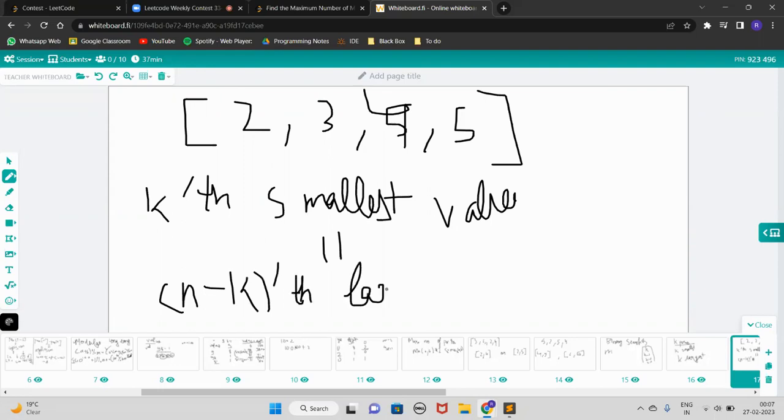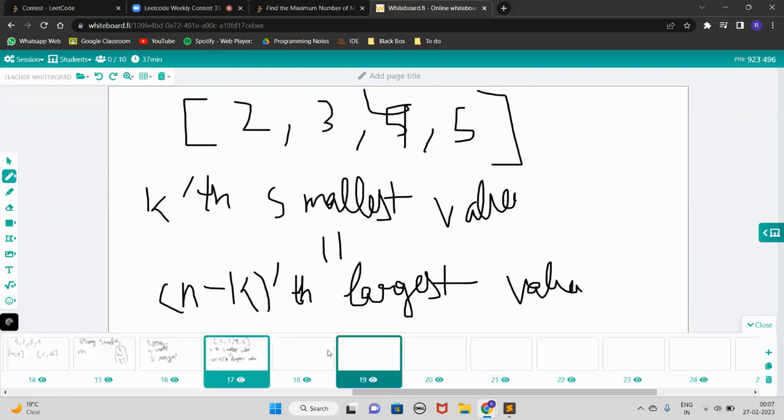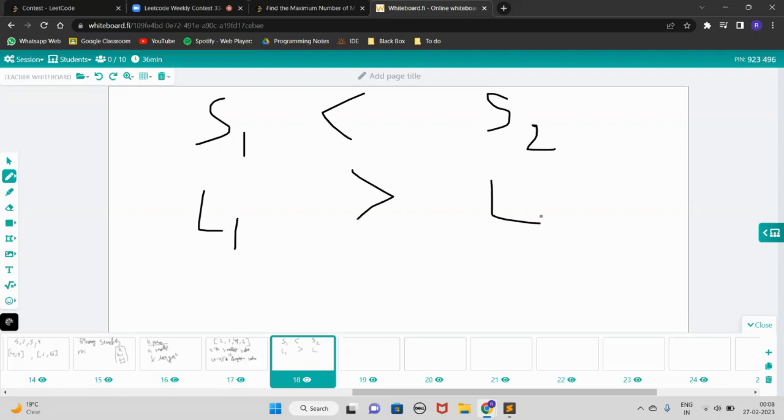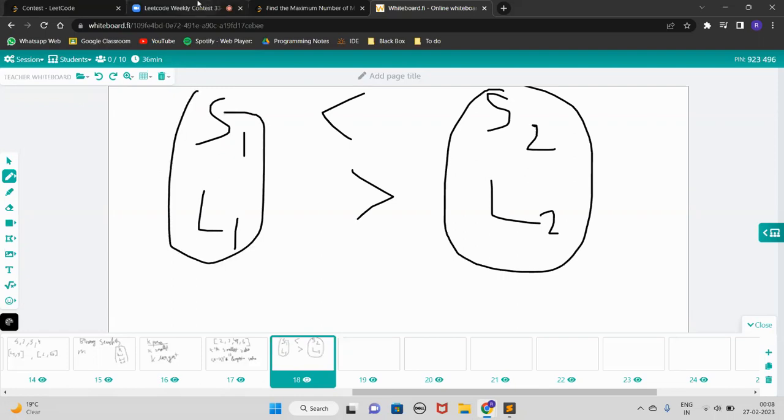Let us suppose we are making two pairs. There will be two small values s1 and s2, with s1 smaller than s2, and two larger values l1 and l2. We will make a pair of s2 and l2 and a pair of s1 and l1.